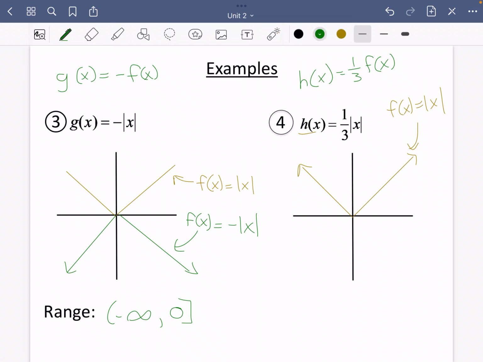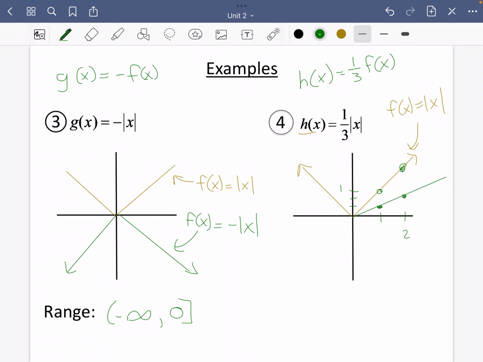So that means whenever you have a value here, so this value was 1, it is going to take that value and multiply it, and it's going to now be at 1/3. So that value is being compressed. It's being shrunk down to 1/3. When we were somewhere out here at a value of 2, that's somewhere up here, it is going to be compressed down to 2/3. And all of those values are getting compressed.